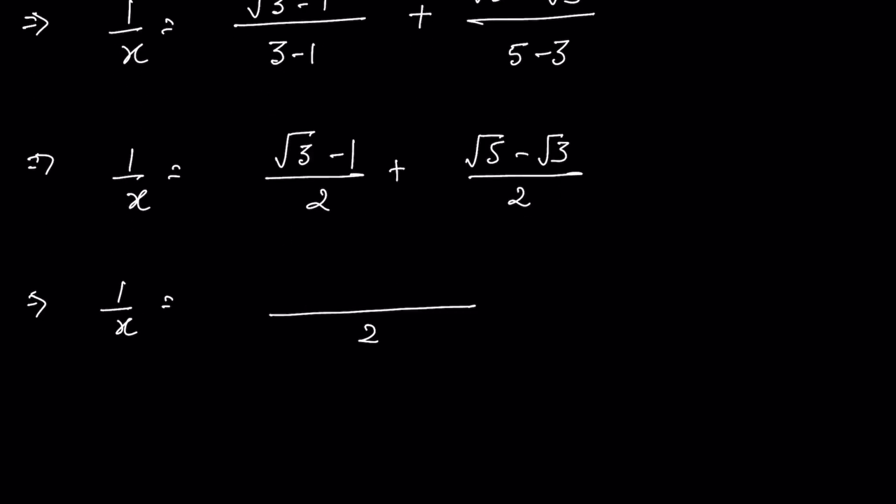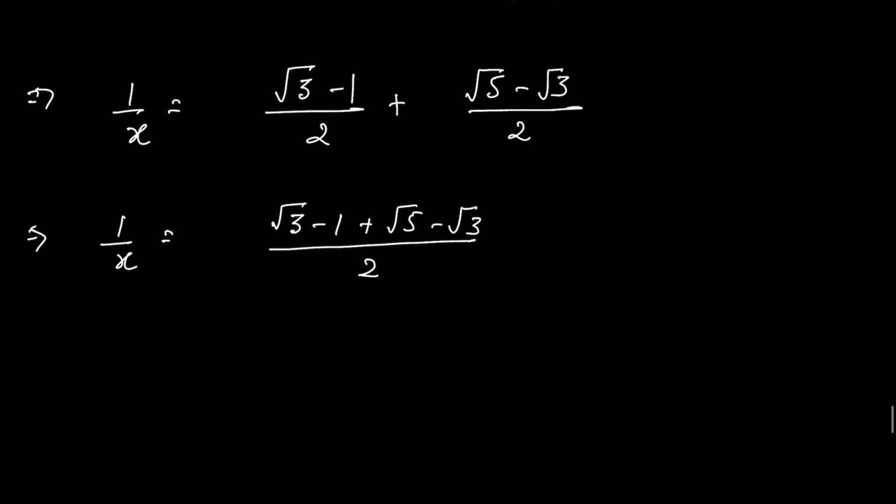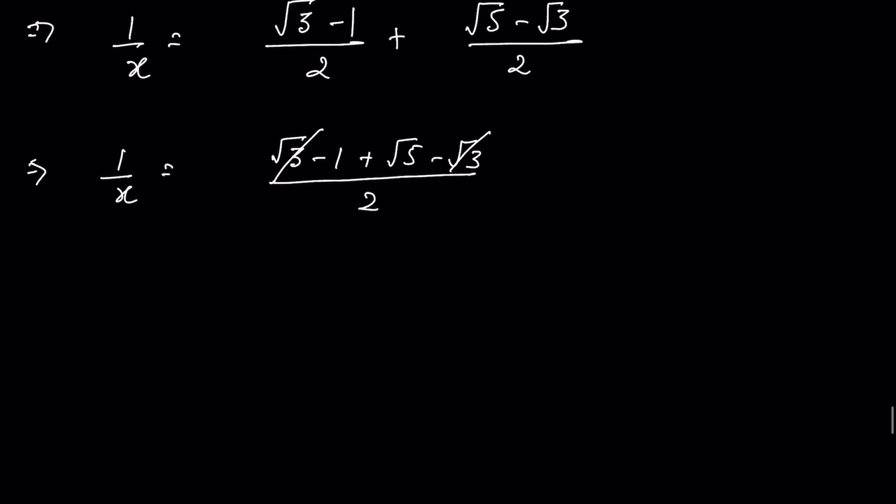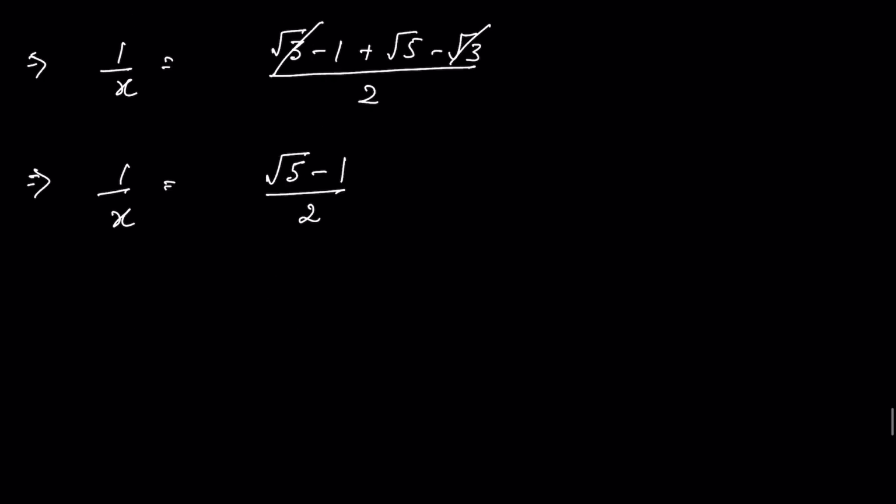Now 2 is the common denominator, so we can add. So it will be square root of 3 minus 1 plus square root of 5 minus square root of 3. So we cancel this square root of 3 and positive square root of 3. So 1 upon x equals to square root of 5 minus 1 upon 2, or x equals to 2 upon square root of 5 minus 1.